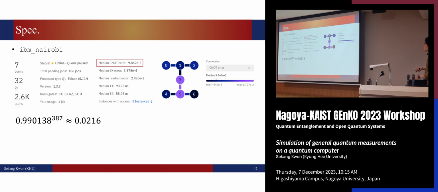With a simple calculation, we can get these results, and this means that we can get 2% accuracy. So this is the reason for our bad result.